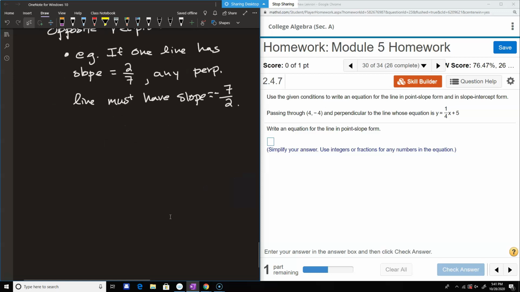So for this problem here, we're passing through 4, -4, and perpendicular to y equals 1/4 x plus 5. Okay, so what we really want to think about is, what is the slope of our line?